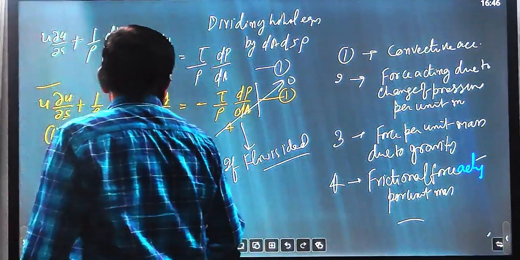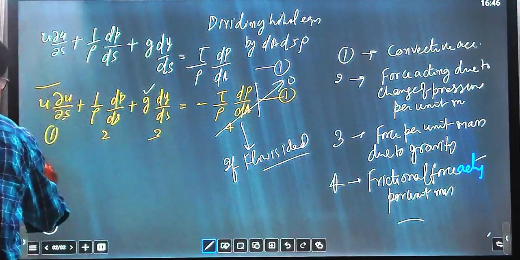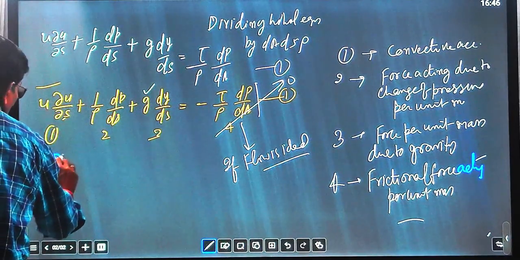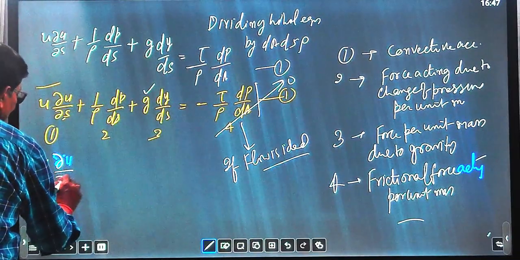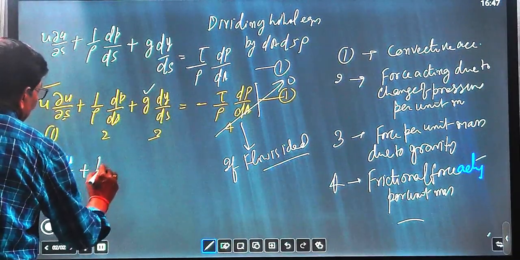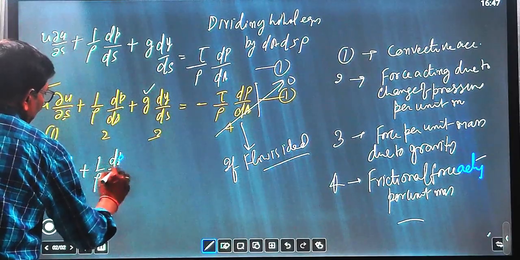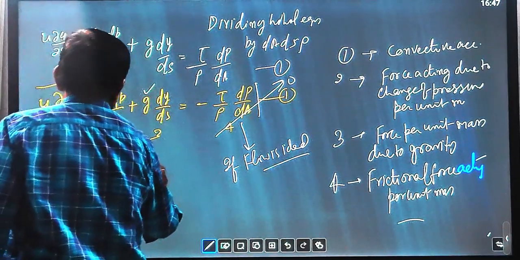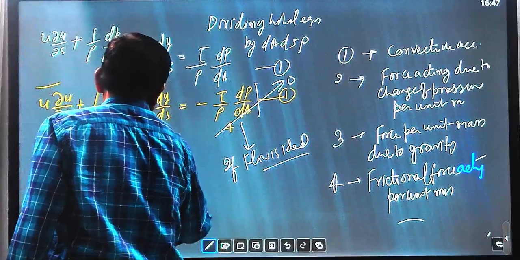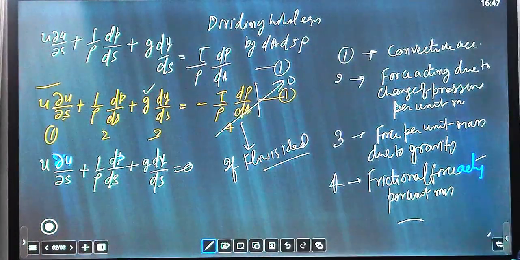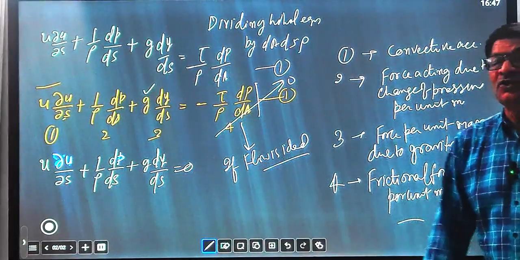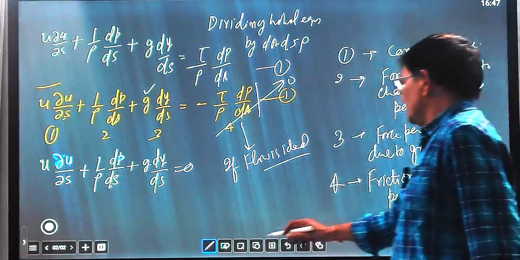And the equation will be reduced to u del u over del s plus 1 by rho del p over del s plus g dy by ds equal to 0. This is the simplified equation when there is no viscosity present in the fluid.